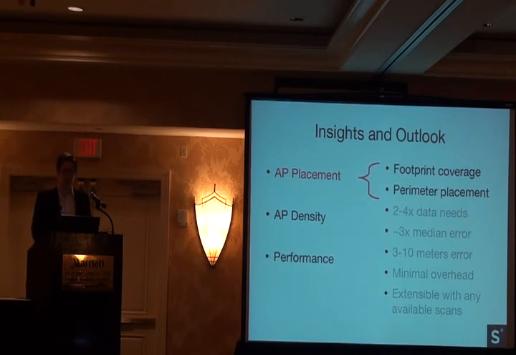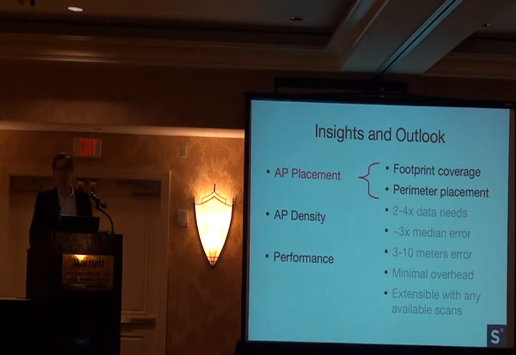Now, that's clearly not how you would do it if you were doing coverage just for data. If you just wanted to provide data coverage, then you would have more central access point locations. You would never put them out at the edge of the building. So that gives the venue owners the freedom to focus on improving positioning if that's what they want.